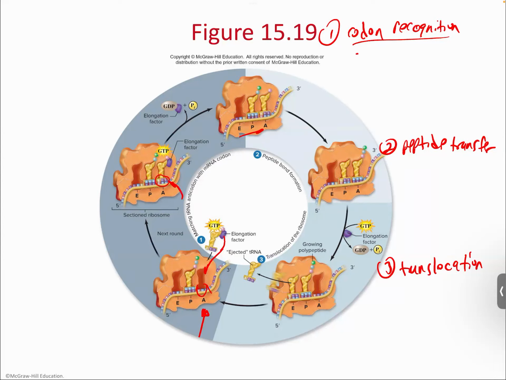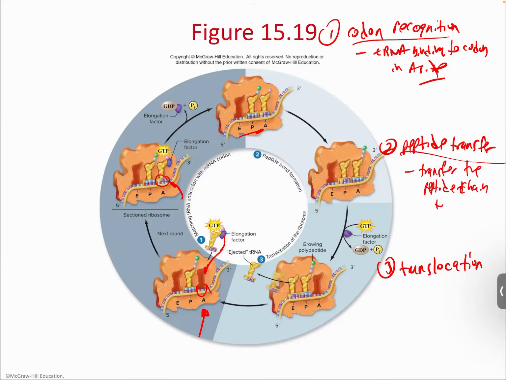So that's basically where your tRNA will bind to your codon in your A site. Then once you're in your A site and you have your amino acid, what's going to happen is you're going to transfer the peptide chain to the new amino acid.